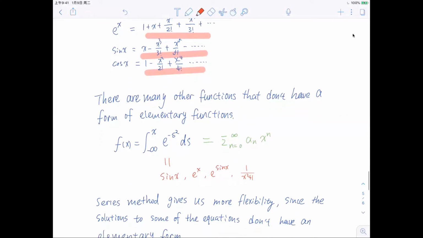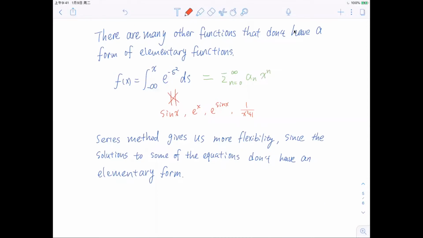Meanwhile, we should notice that there are many functions that don't have a form of elementary function. One of the very famous examples is this: F(x) equals the integral of exponential of minus s squared. This function, we cannot write it in forms of elementary function.